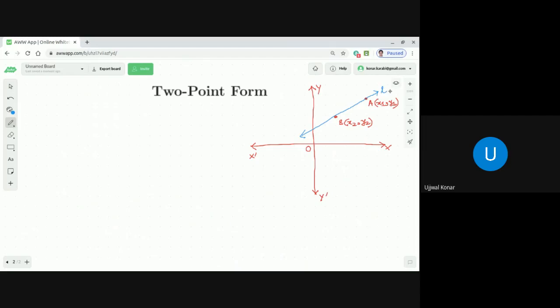Dear students, what about the discussion we had so far? With this also you can find this equation. But let me first tell you what the equation is.